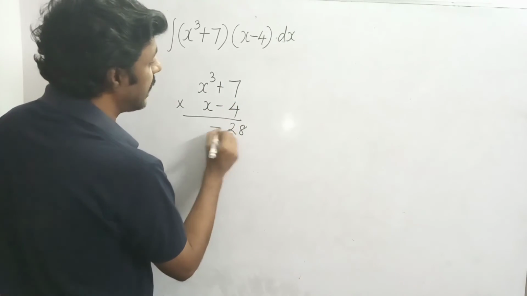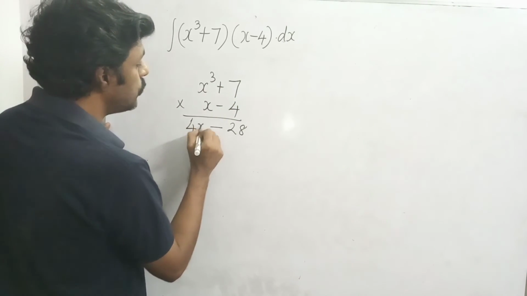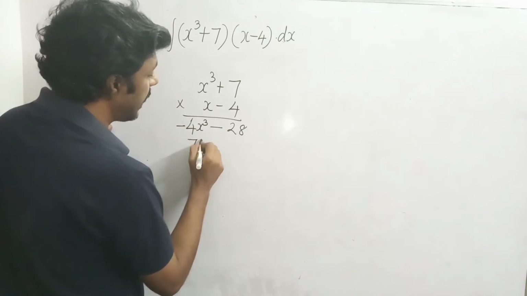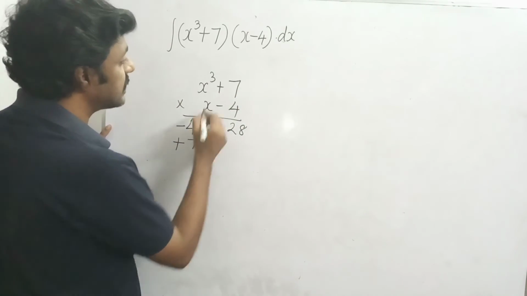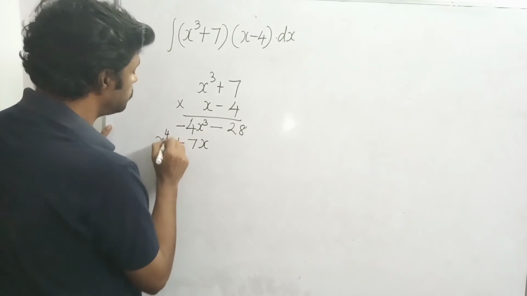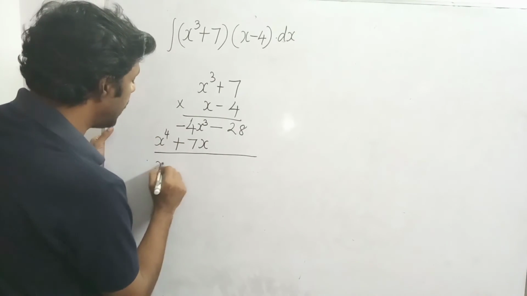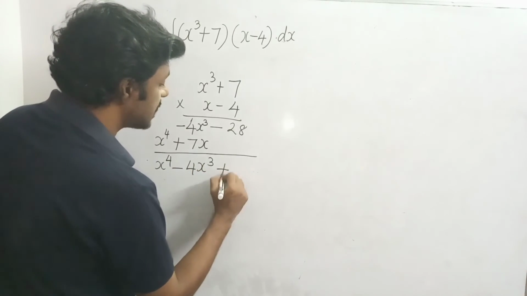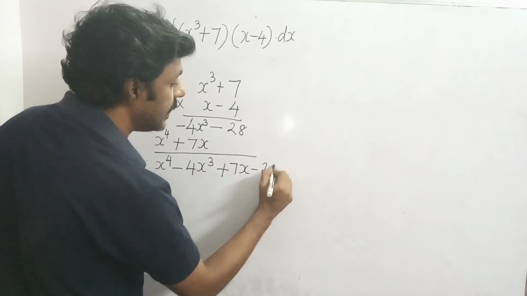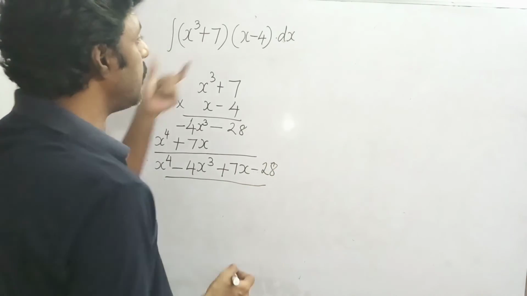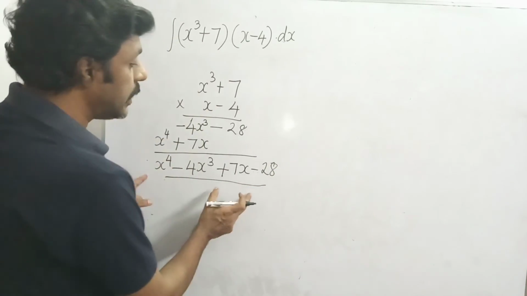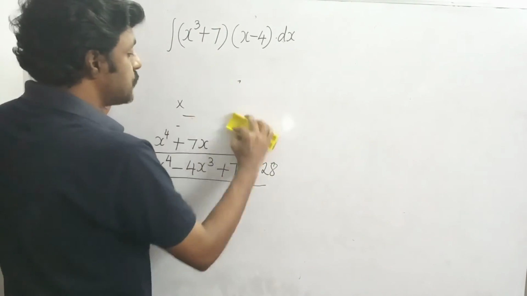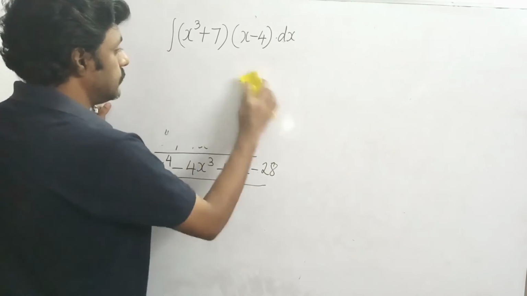Minus into plus will be minus 4x cubed. Then 7x, plus into plus is plus x power 4. So the answer will be x power 4 minus 4x cubed plus 7x minus 28. So if I multiply both the terms, this is the value which I am getting, and I need to put this value inside the integral.